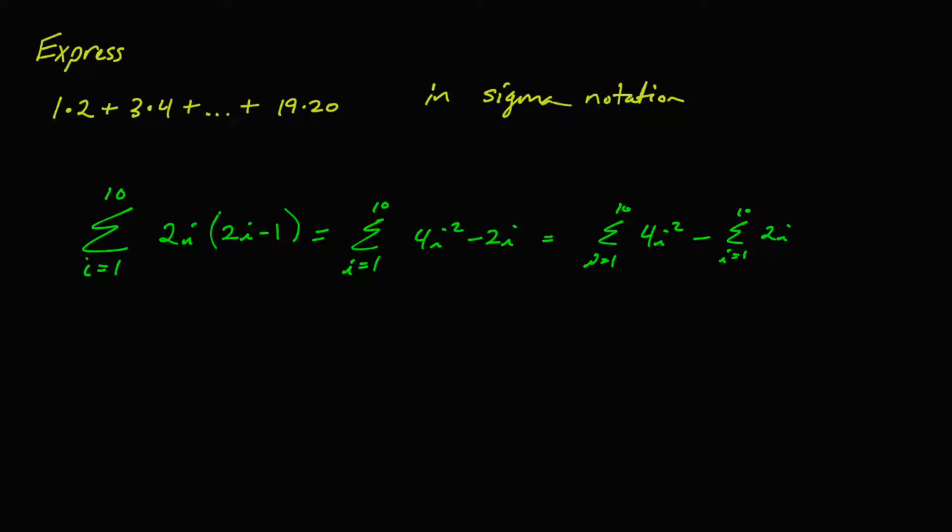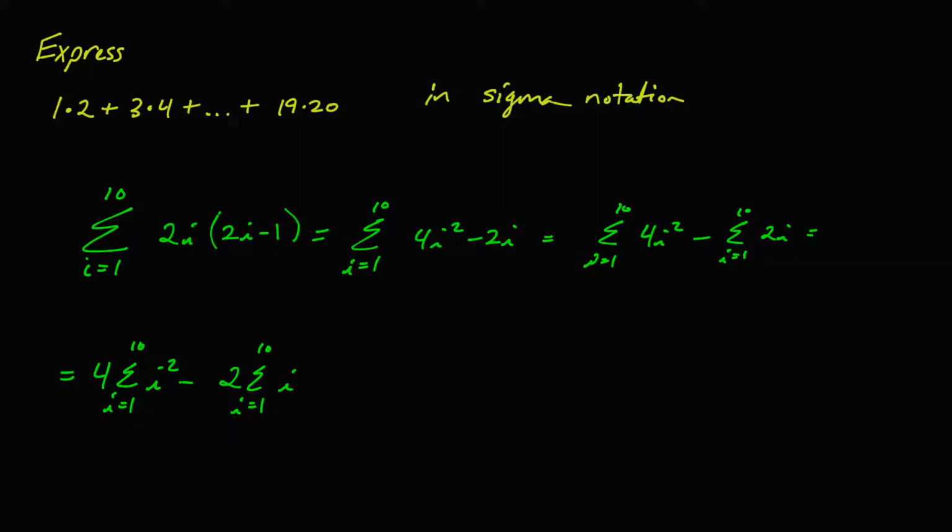We can use other rules for the system, and I'm going to continue that at the bottom left with an equal sign, where now I pull out the 4 for i squared, minus 2 for i.